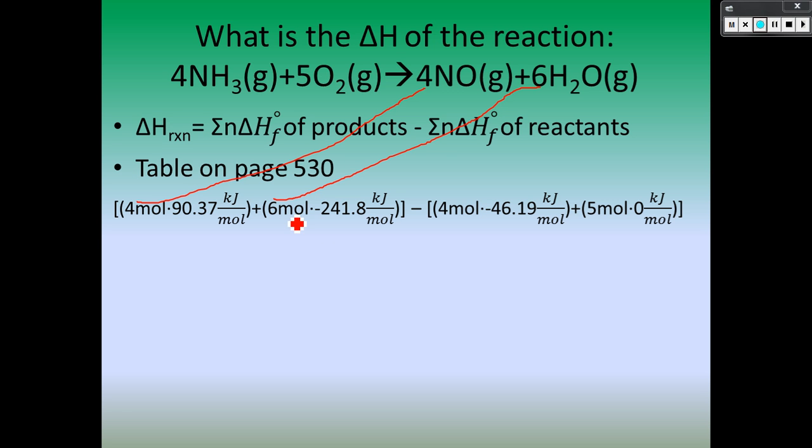It's below zero. So that 6 moles is from there, and then negative 241.8 again is from the table on page 530, minus 4 mole times minus 46.8 kilojoules per mole, plus 5 mole times 0.